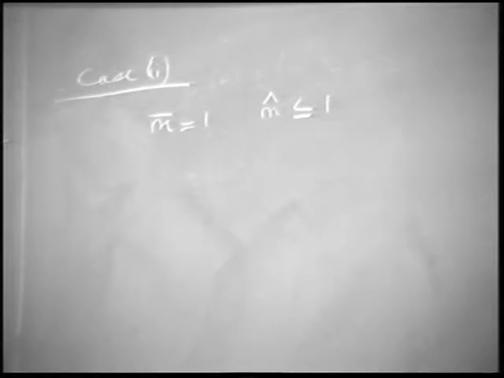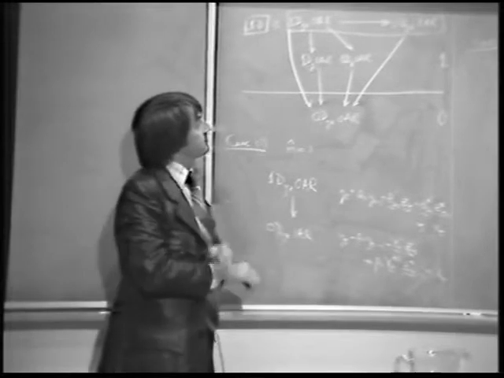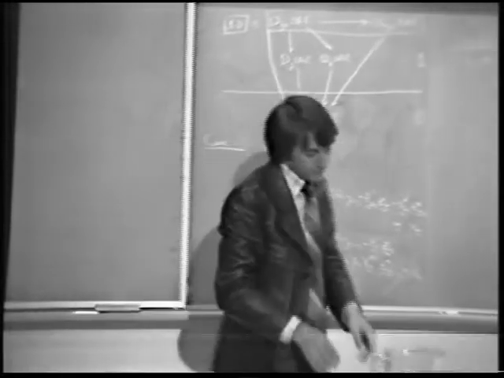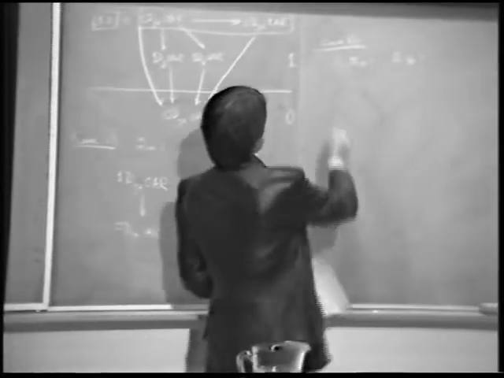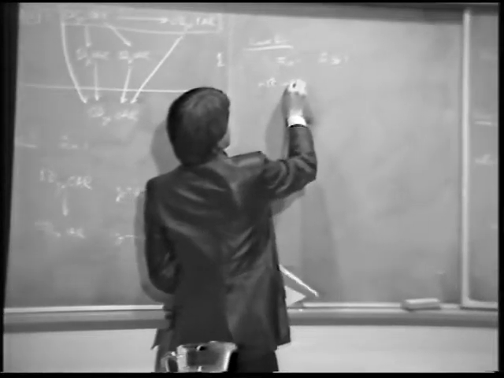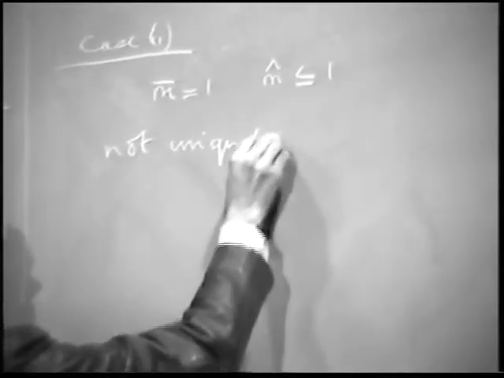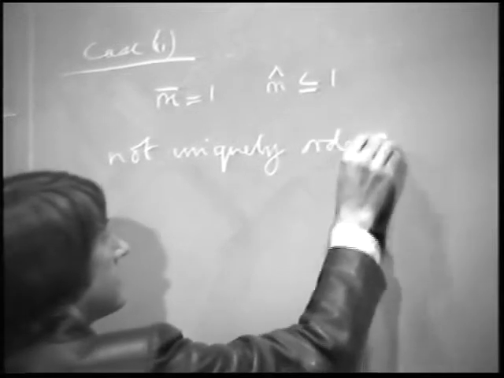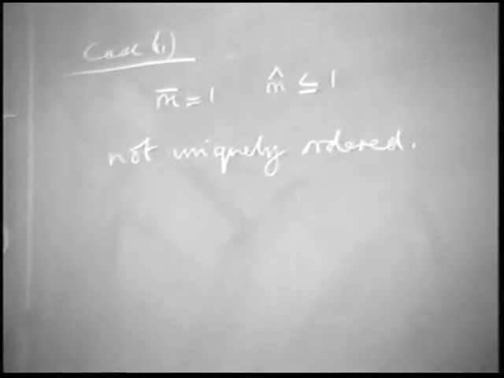Which now means that this model, the static model, is a possibility. And so we aren't uniquely ordered anymore. And we could think of a number of testing procedures.